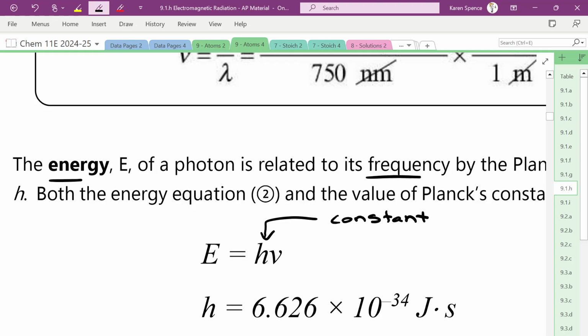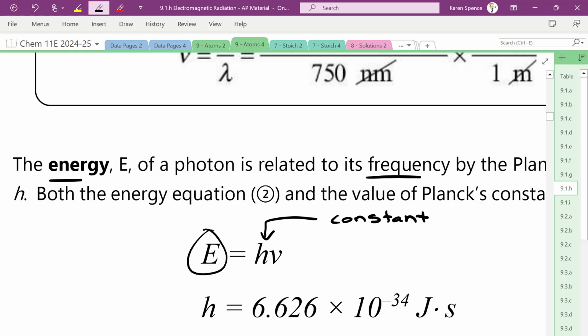And you'll notice that E and nu are on opposite sides of the equation. If things are on opposite sides of the equation, are they directly or inversely related? Directly. So if 2 variables are on the same side, they are inversely related. If they're on opposite sides, they are directly related.